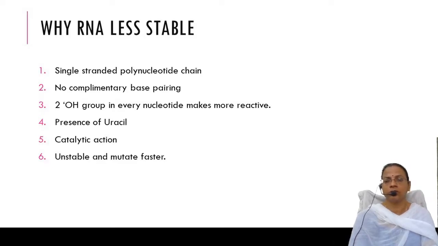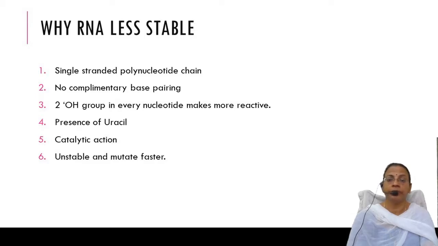What characteristics and structural features of RNA make them less stable when compared to the DNA? The RNA is a single-stranded polynucleotide chain. There is only one strand, so there is no possibility of complementary base pairing. Then the second point is that base pairing is not occurring, so hydrogen bonding is not occurring between them, and that is the second point.